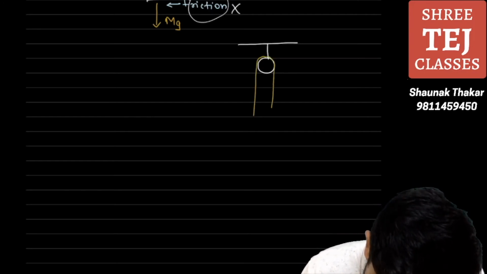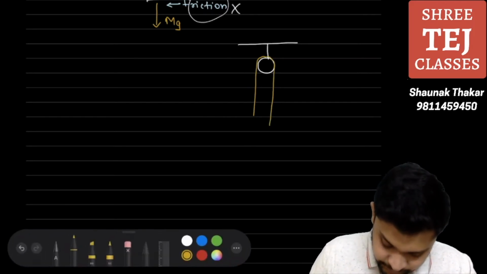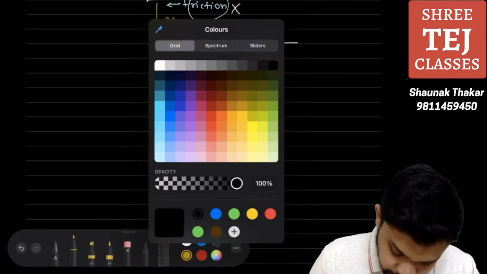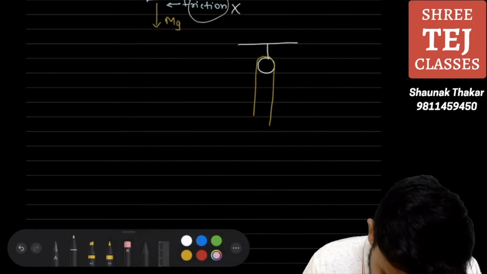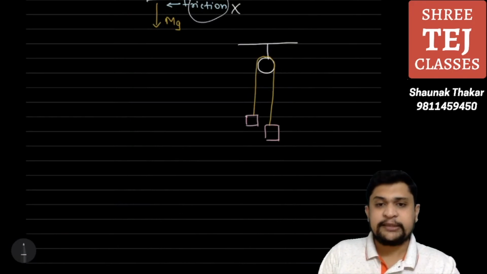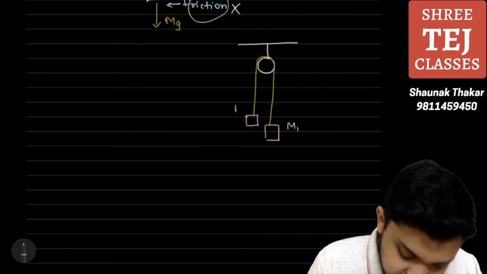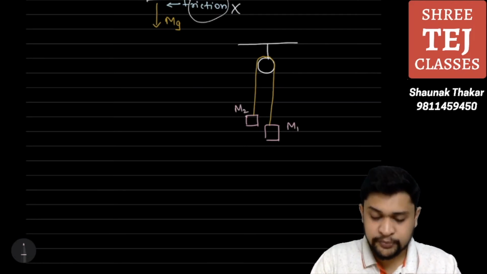We are assuming that the pulley is frictionless. So two objects have been suspended. Let this mass be m1 and let this mass be m2.